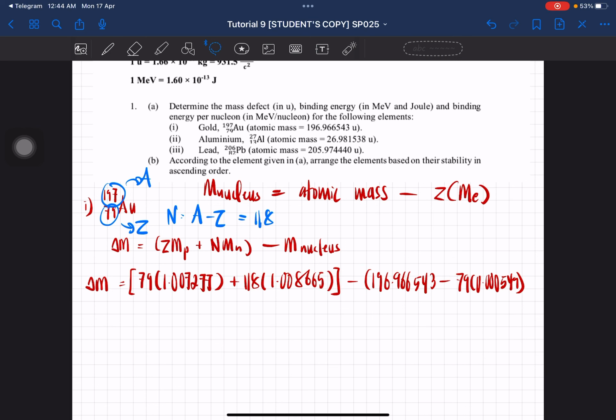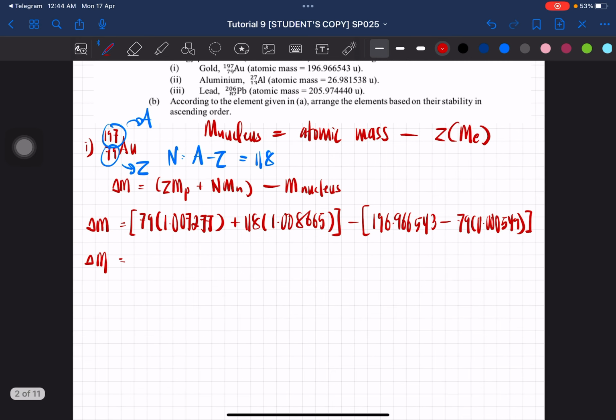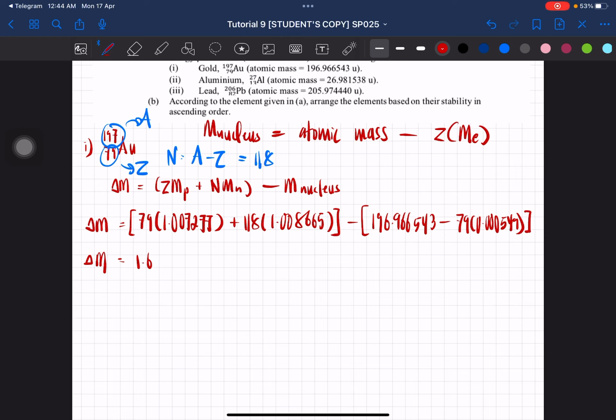Okay, so hope you are not confused due to the many numbers here. Okay, so delta M, if you calculate, you will get the mass defect to be equal to 1.674181 u. Okay, so that is the mass defect.